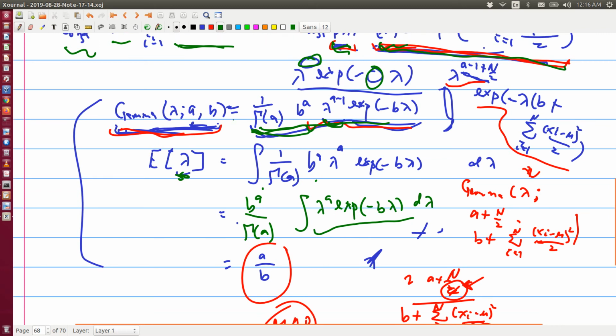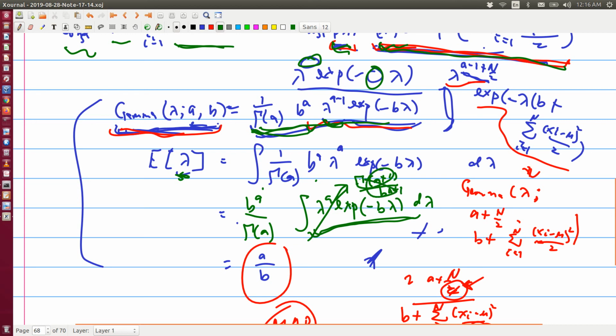And we know that if we take the integral with the normalization factor, the whole thing will be equal to 1. Therefore, if I integrate only this part without the normalization factor, it should be equal to 1 over that normalization factor, right? So this should be equal to gamma a plus 1 over b to the a plus 1.